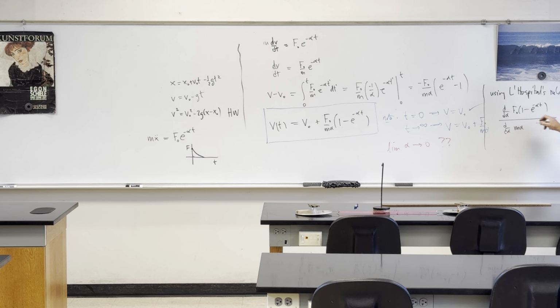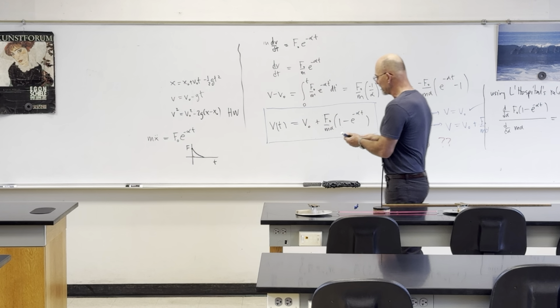In the numerator, we're going to get f naught. We've got a minus sign, so we get another minus sign. Since we're differentiating with respect to alpha, we get a t out here, so we get f naught t. That was just a little calculation.